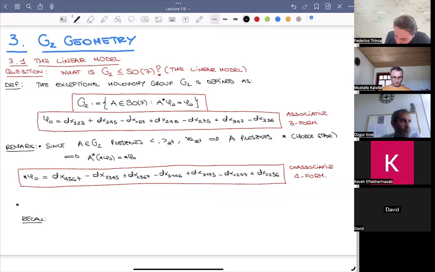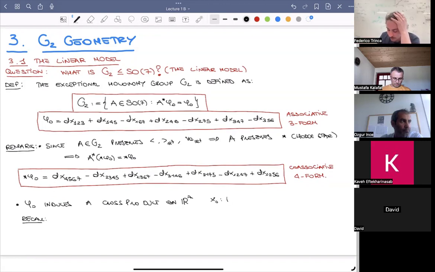The first one is that phi naught induces a cross product on R7. If you're familiar with cross products, this is going to come as a surprise, I guess. But as in R3, if you're given 2 vectors, you can associate a third one which is orthogonal to the plane spanned by the first 2. The same holds true in R7 with the cross product induced by this phi naught.